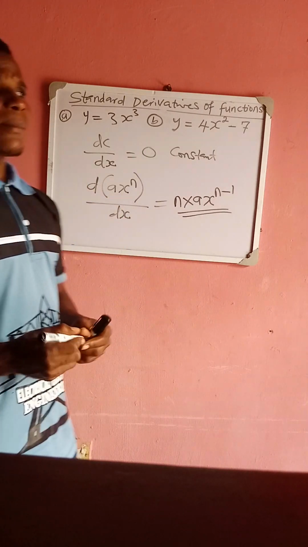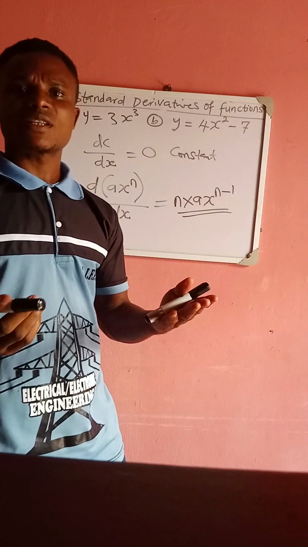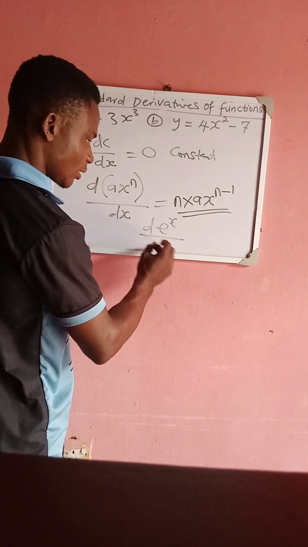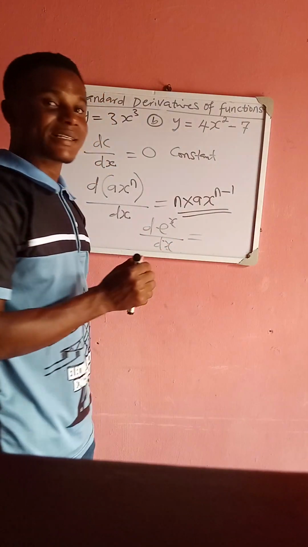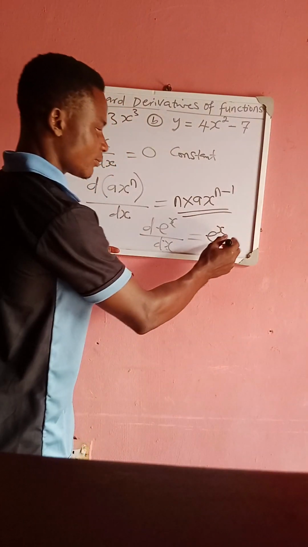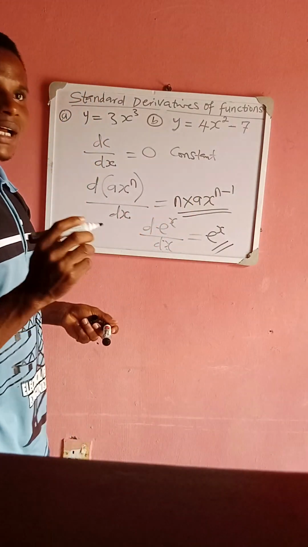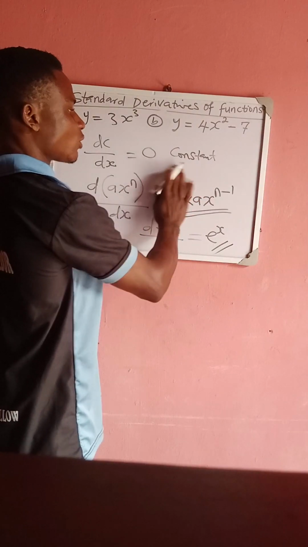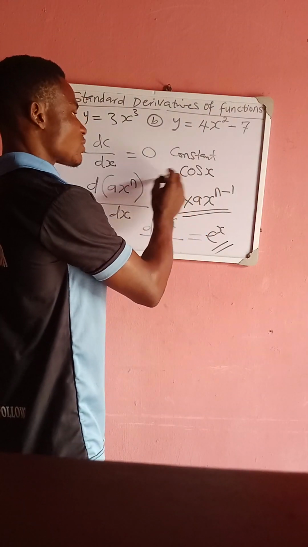Then when you differentiate an exponent in a function, it is always the same thing: e raised to the power of x. Then when you want to differentiate cos x, what will it give you?